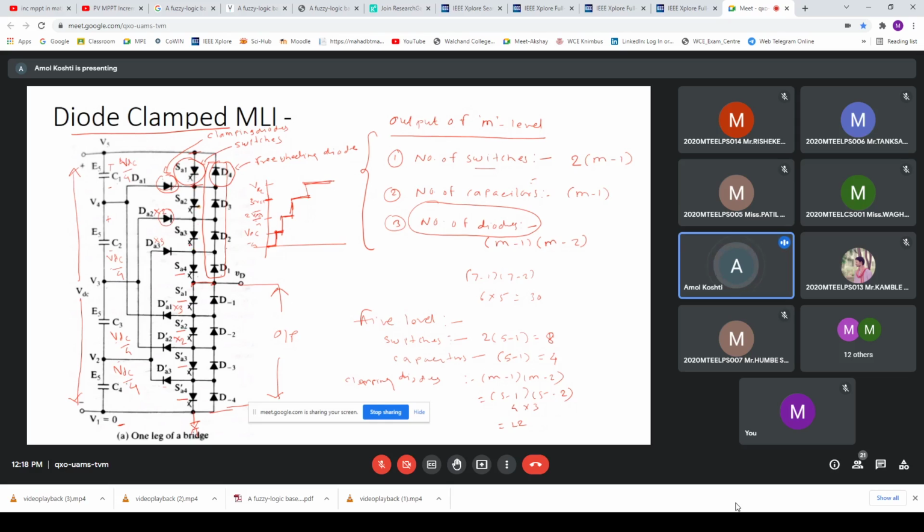Whatever the voltage is, it has to be clamped by the diodes, and a single diode again does not have the potential to clamp this voltage. So again we have to add two more diodes. Do you understand this? Yes, sir. So to increase the voltage clamping capacity, as per the need we have to add diodes.